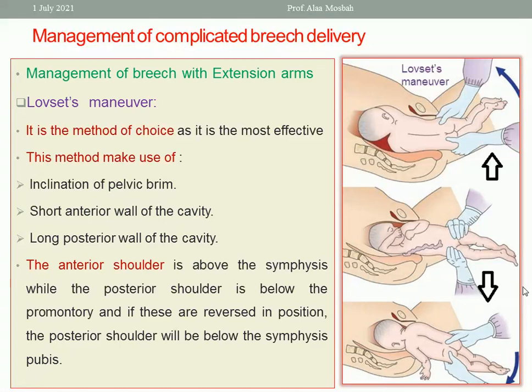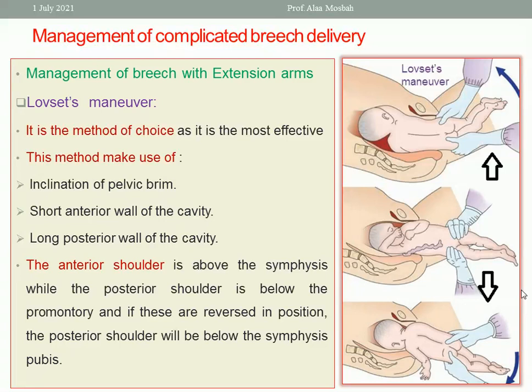Okay? Then we deliver the anterior shoulder. Then rotate another 180 degrees in the reverse direction. And then the posterior shoulder becomes anterior, and then we deliver it as the first.